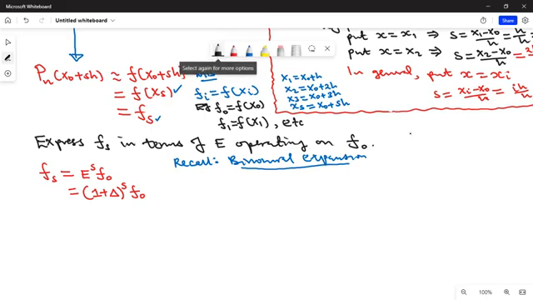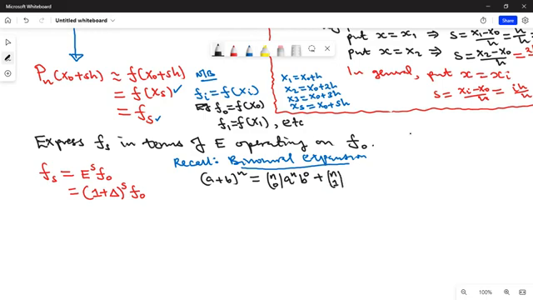In binomial expansion, you know that when you have a plus b raised to n, it is n combination 0, a raised to n, b raised to 0, plus n combination 1.